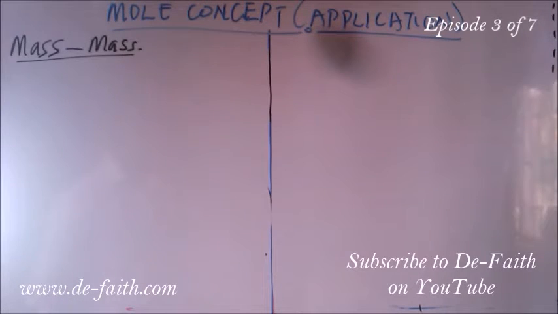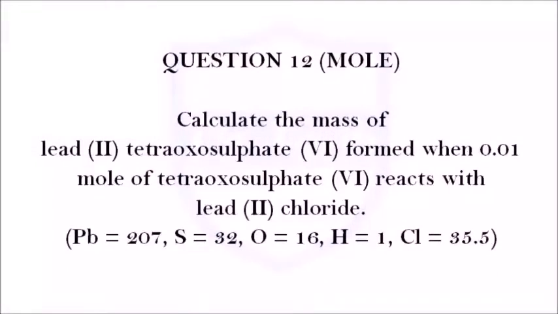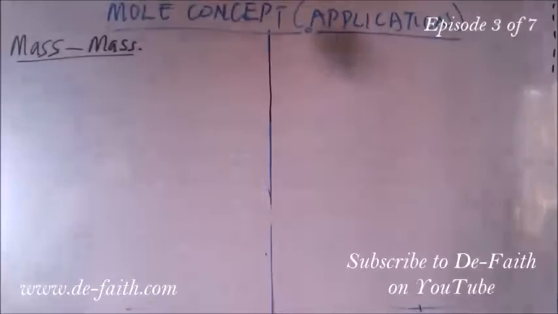Still working on the mass calculations. We have to calculate the mass of lead-2 tetraoxosulfate 6 formed when 0.01 mole of tetraoxosulfate 6 acid reacts with lead-2 chloride. Alright, so the first thing is to get the equation of the reaction.